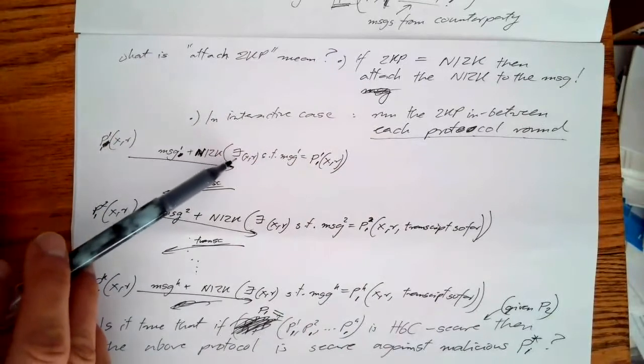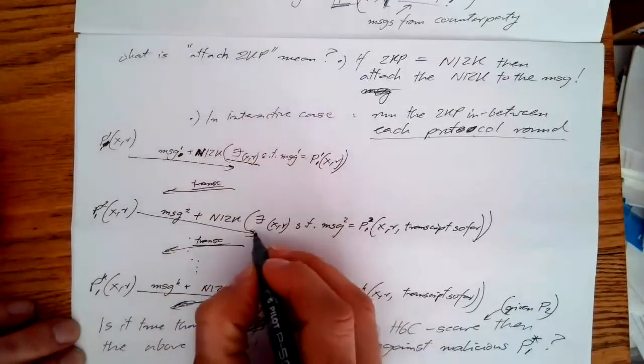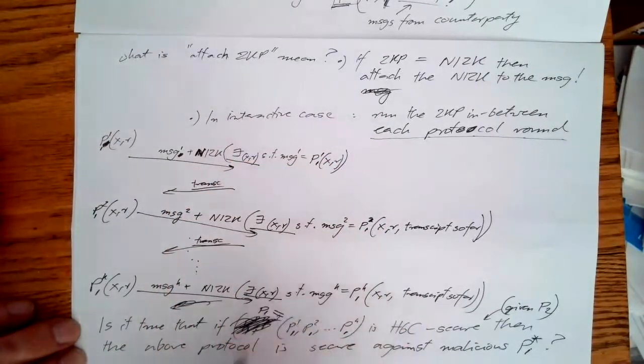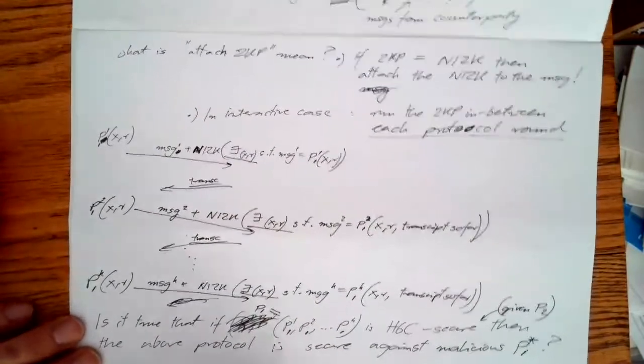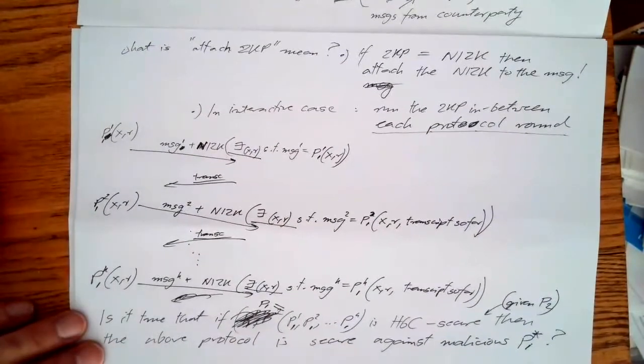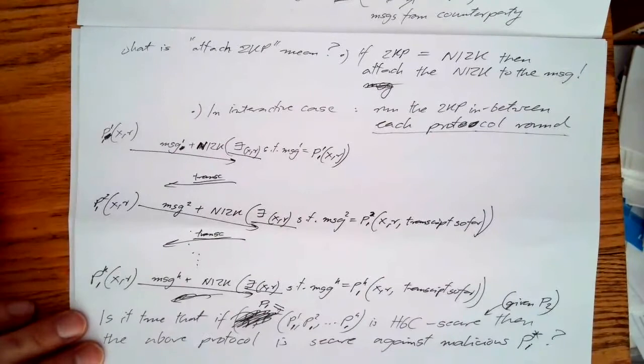So what is being proven in all these NISCs? That there exist some inputs which make this true. Does any of you see a way to cheat for P1? Couldn't we change the R's?